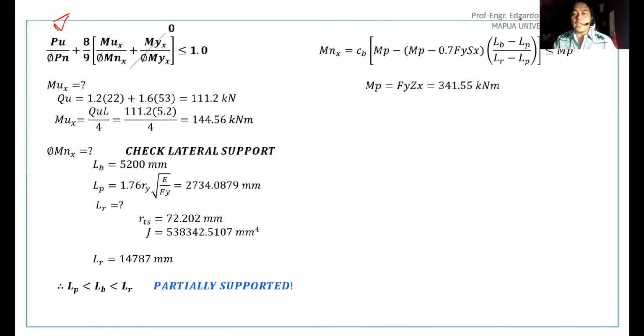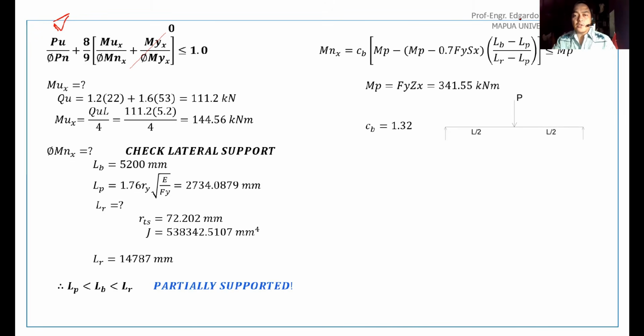Tapos, I solve for CB. Okay, ano yung CB? Since para siyang hinge at both ends naman, tapos may concentrated load sa gitna, so para siyang simple beam with concentrated load sa gitna. And we have derived this already. That CB is equal to 1.32. Ayan.